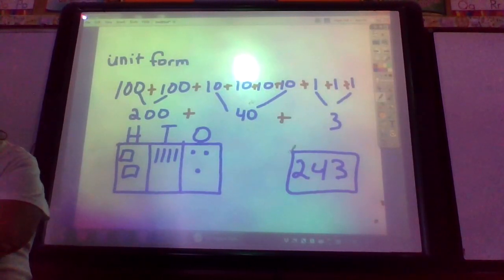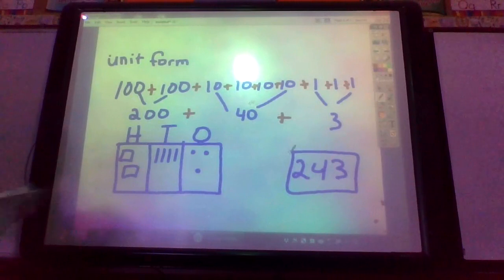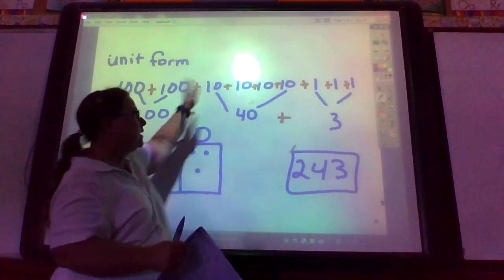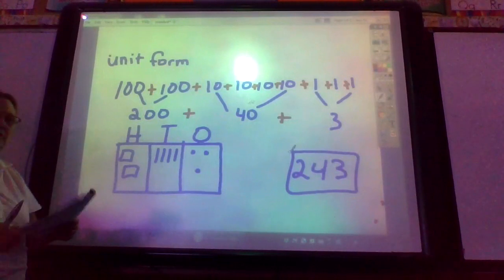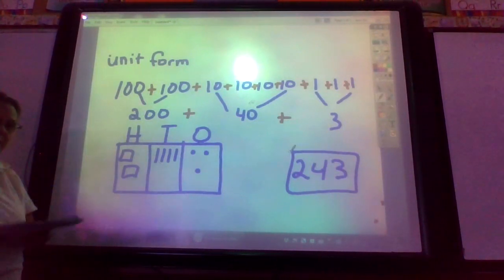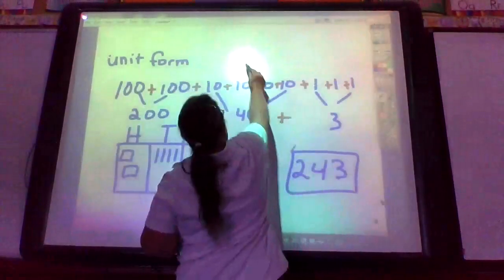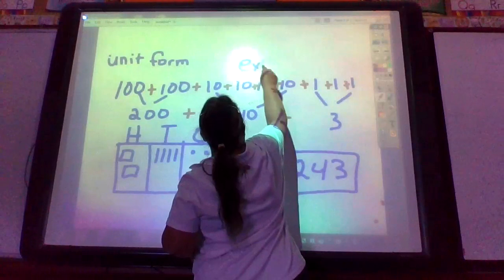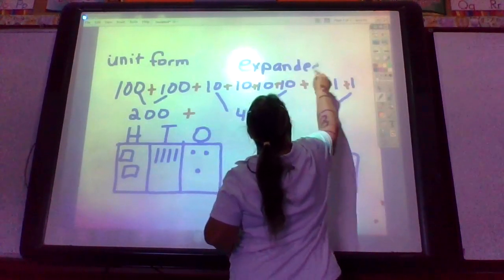And in reality, instead of working with unit form, like this is unit form, hundreds, tens, and ones was unit form, this is called expanded form. Okay? So now I have done expanded form.